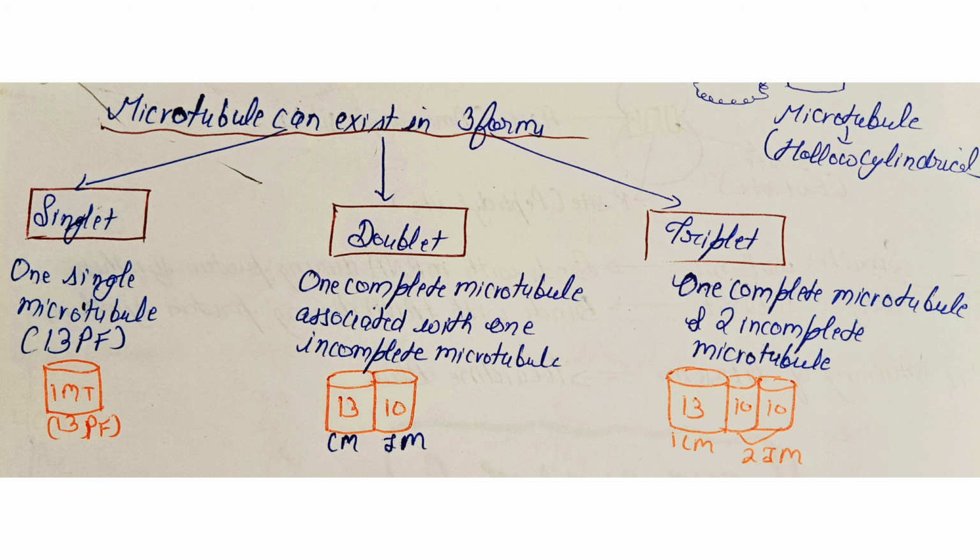Whereas in triplet there is one complete microtubule with which two incomplete microtubules are associated. That is one complete plus two incomplete microtubules. It means the 13 protofilaments are associated with two sets of 10 incomplete protofilaments.